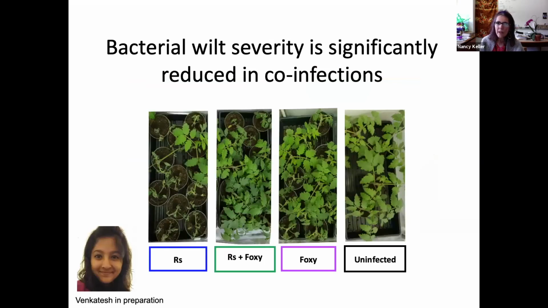One thing that we found is that when you have Ralstonia, it does kill tomatoes immediately. Fusarium oxysporum is a slower killer, but it will eventually. But when you mix them together, it looked more like a Fusarium phenotype.